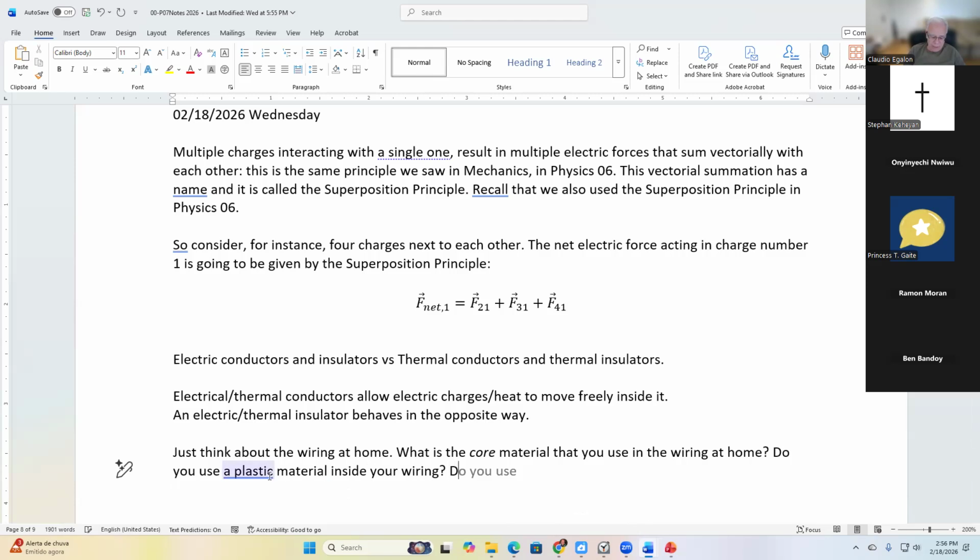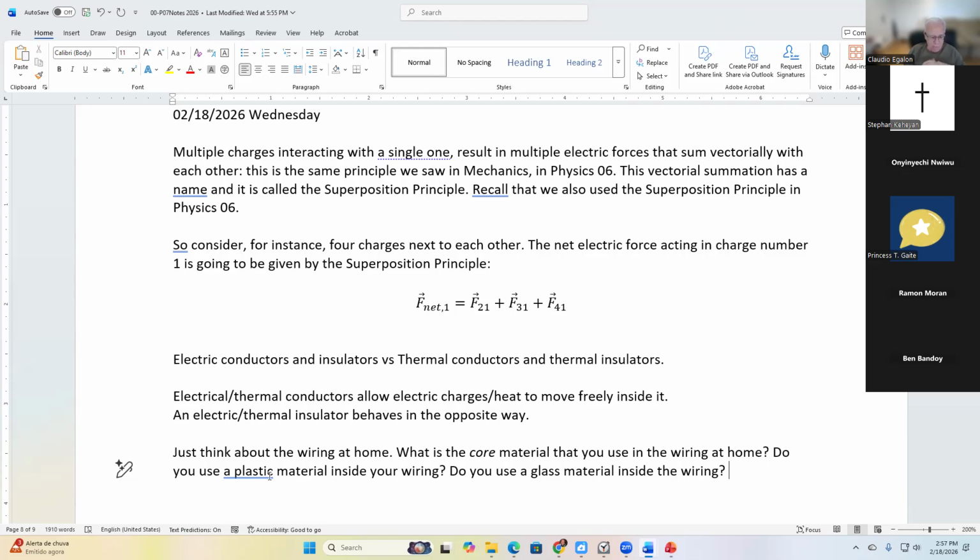Do you use a glass material inside the wiring? Anybody can answer me that? Well, which other material can we talk about? Do you use paper?